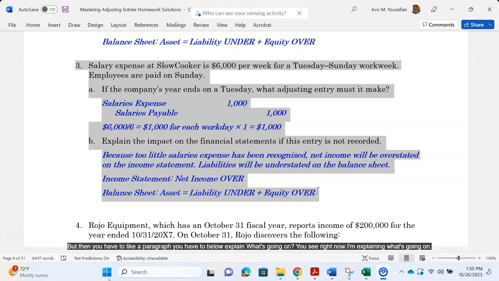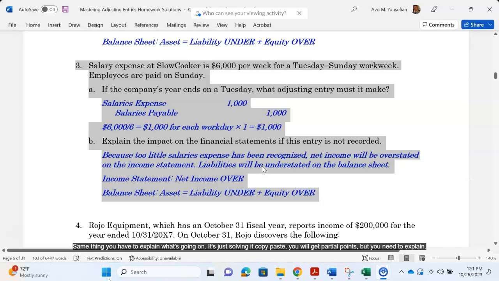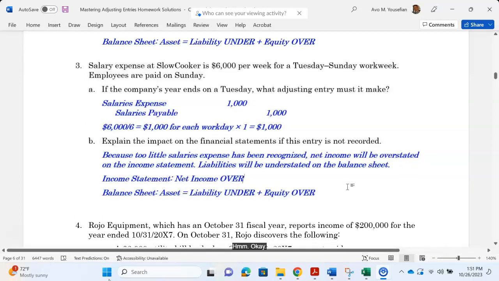But then, like a paragraph, you have to explain below what's going on. You see right now I'm explaining what's going on. Same thing, you have to explain what's going on. If it's just solving it and copy paste, you will get partial points. But you need to explain in a paragraph below it what happened and why you did what you did. Make sense? Okay.